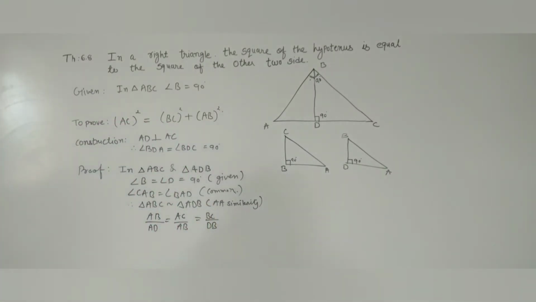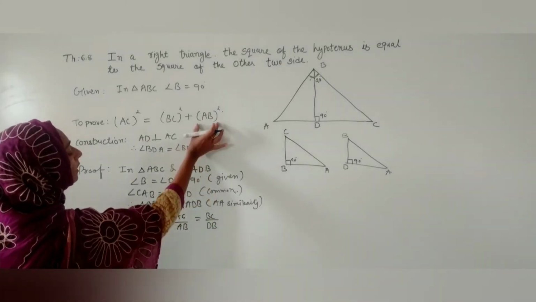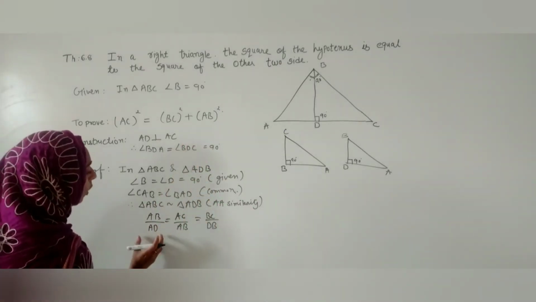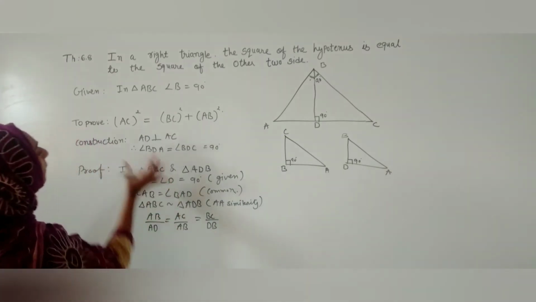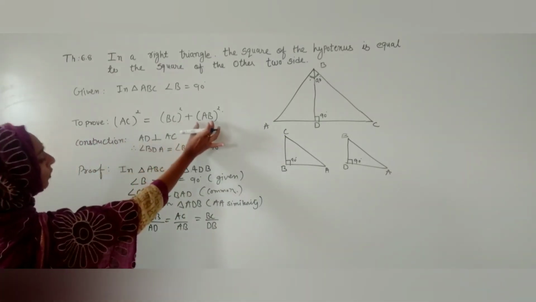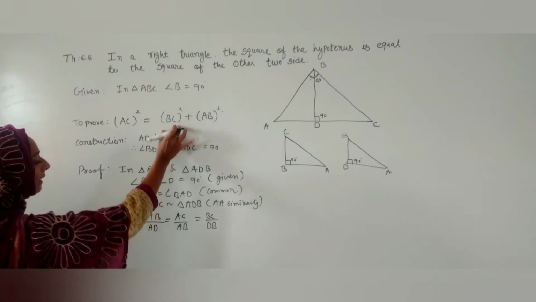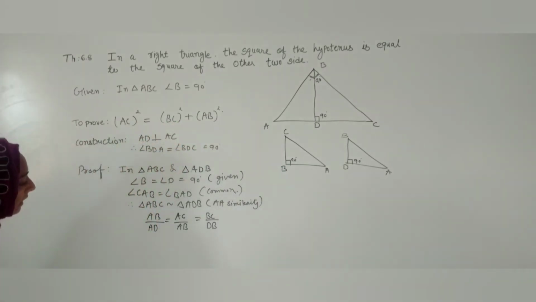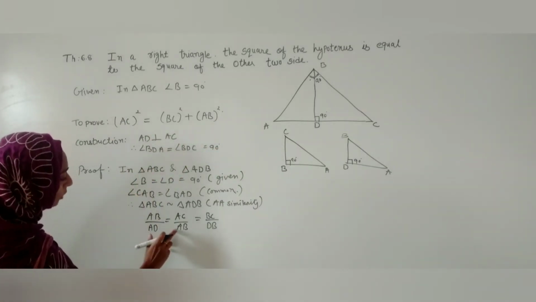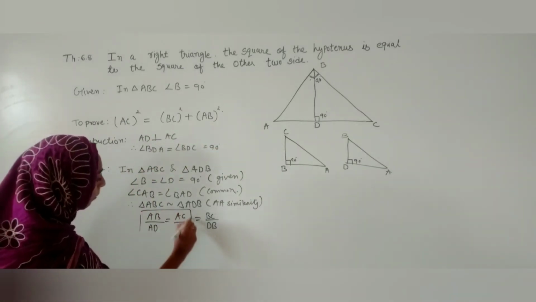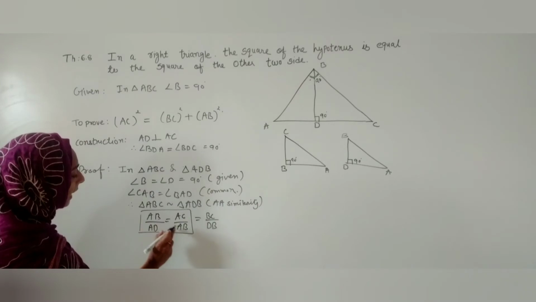So we got one condition over here, but as I told you, whatever is useful to us, we will take only that, because a triangle has three sides and we can take all three ratios. But what is useful to us? We want AB in our answer, BC, as well as AC. We want AC square and AB square. If you compare these two, you will get AB square.